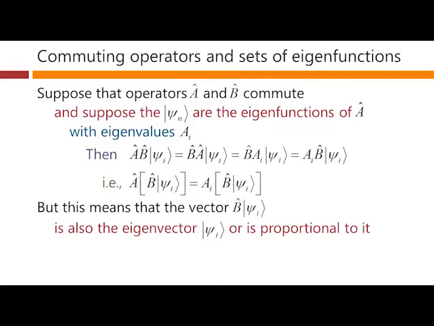And since by assumption we're presuming non-degenerate eigenvalues, then this vector must be psi I, or be proportional to it. That is, for some possibly quite different number bi, B operating on psi I must give us some number times psi I, because as we said, this vector must really be just psi I within some constant or other.